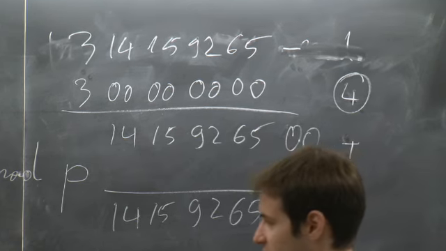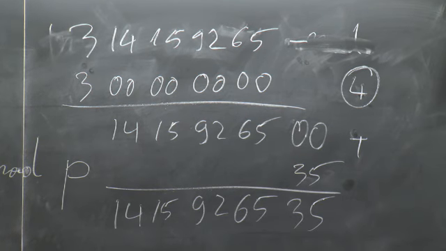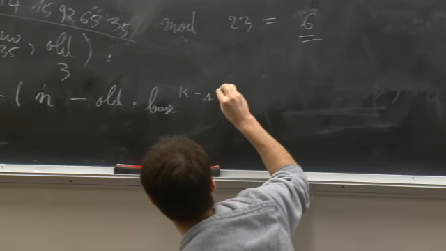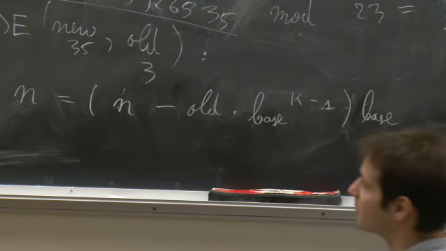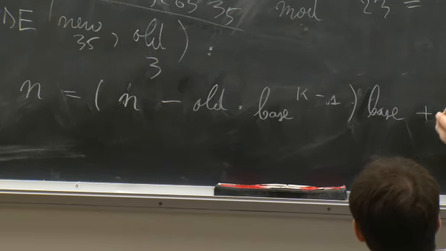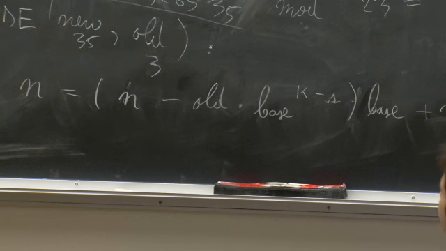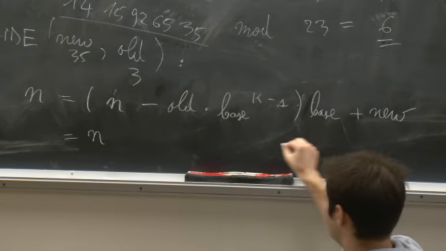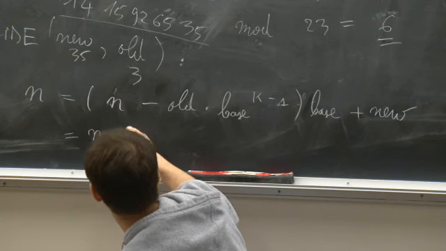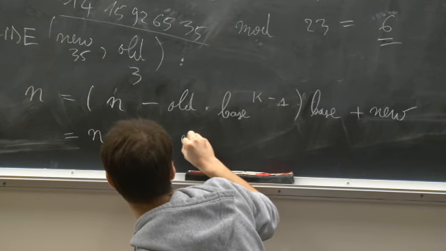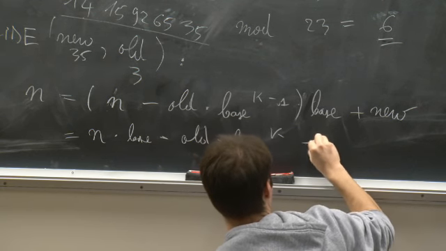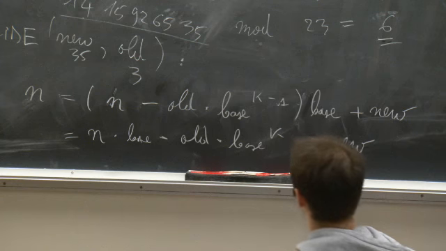Look, it's right. So what do I write here? Times the base first. Good point. Let me play with this for a little bit before we go further. I'm going to distribute the base here. So this is n times base minus old times base to the k, plus new.